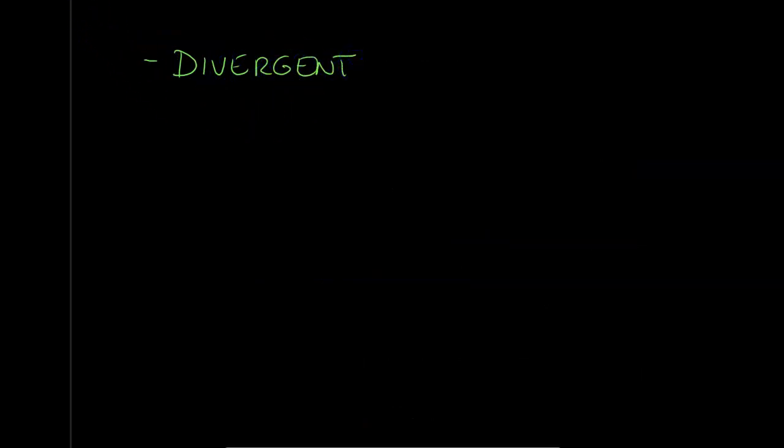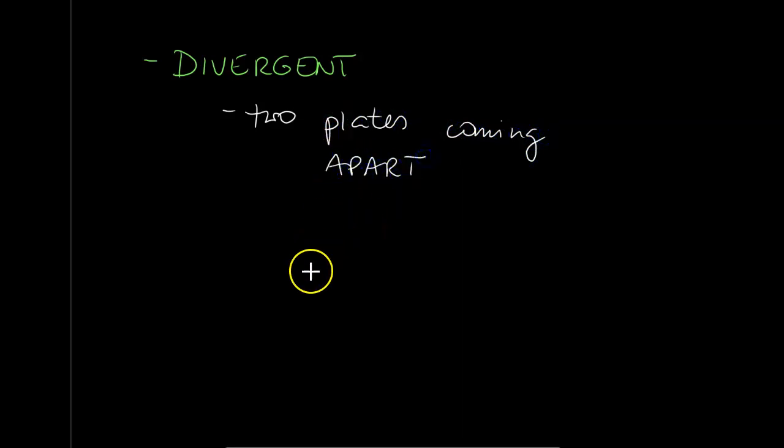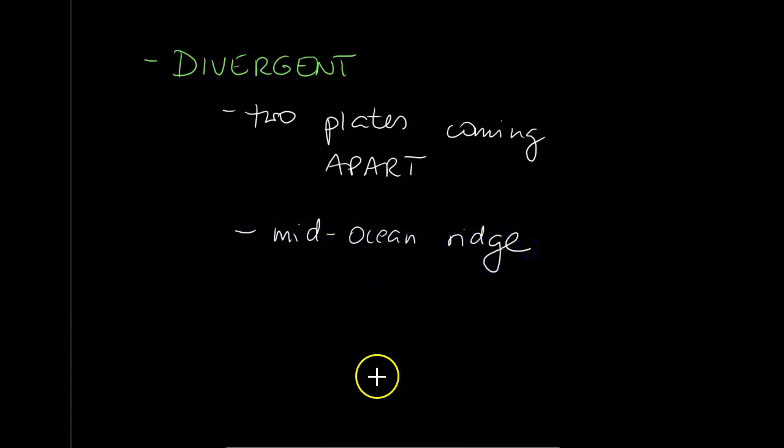Okay. That's when you have two plates coming apart. Okay. They are moving away from each other. What do we create? We create the mid-ocean ridge. Okay. And we see that in the Mid-Atlantic Ridge that we generally use as an example for divergent plate boundary.